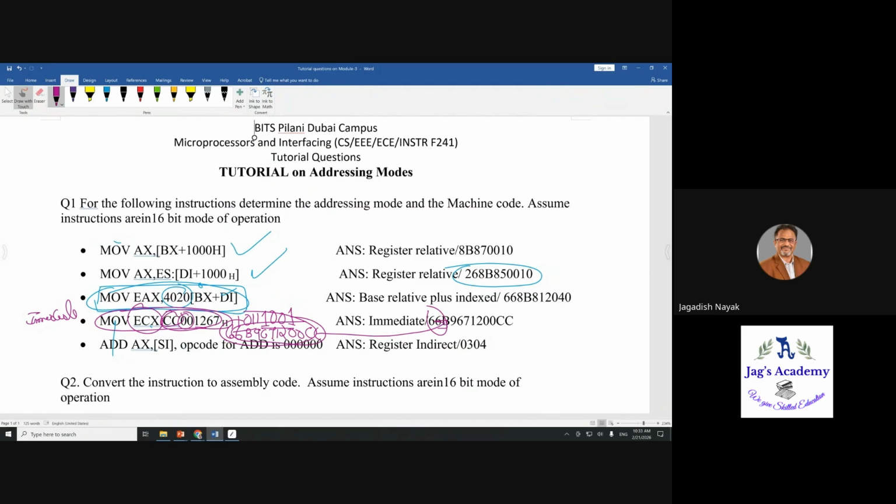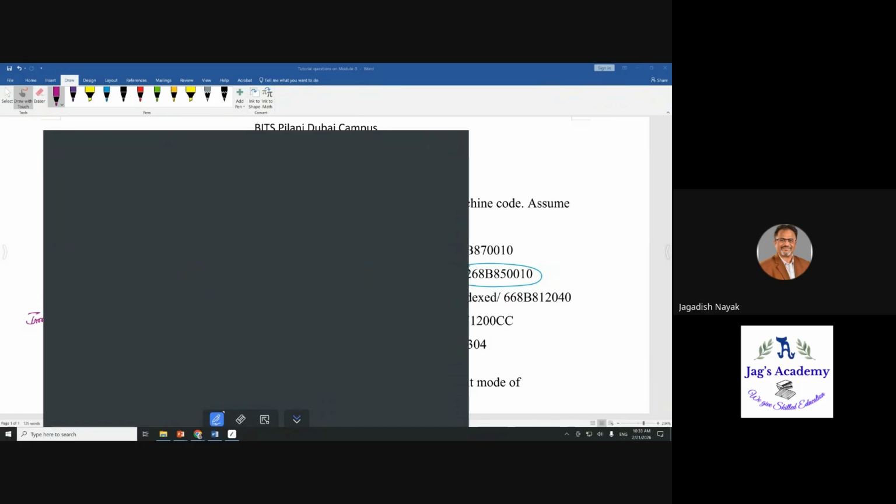I can give an example. Suppose you have an instruction, ECX within the square bracket.